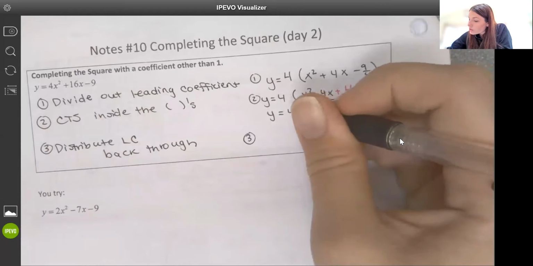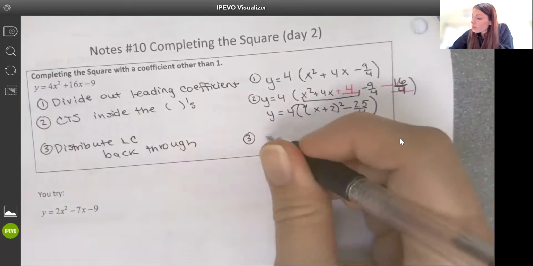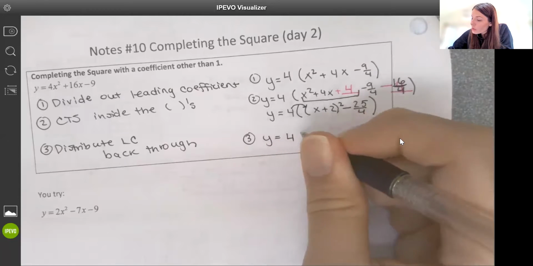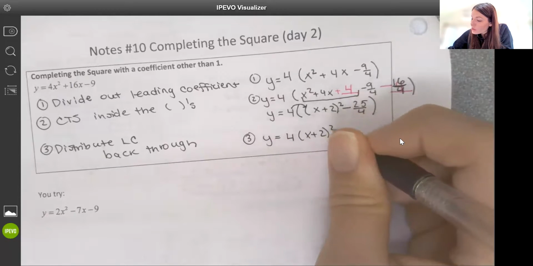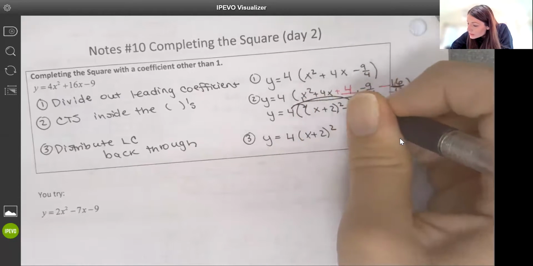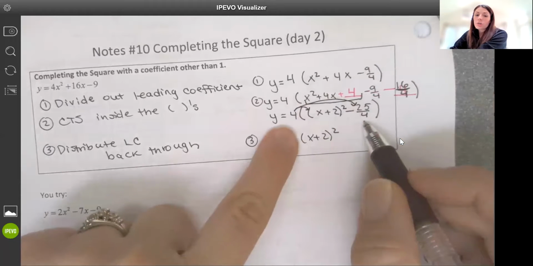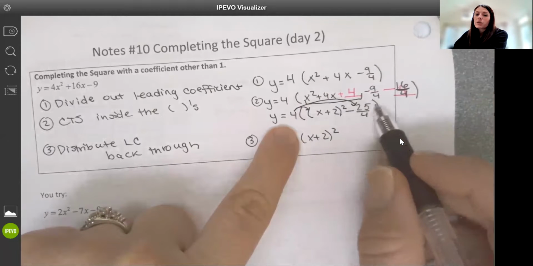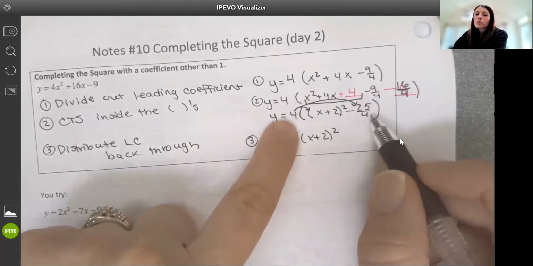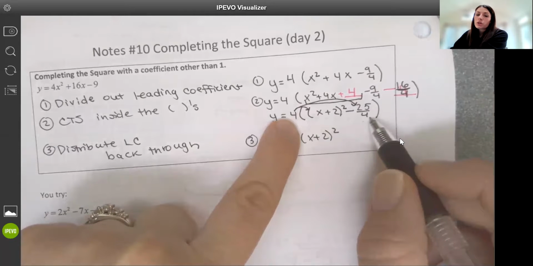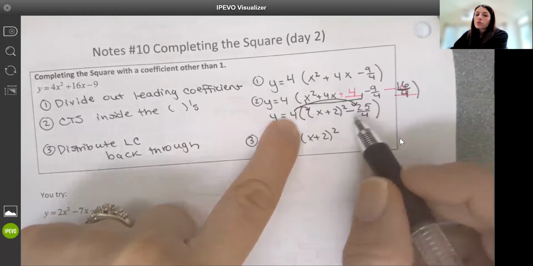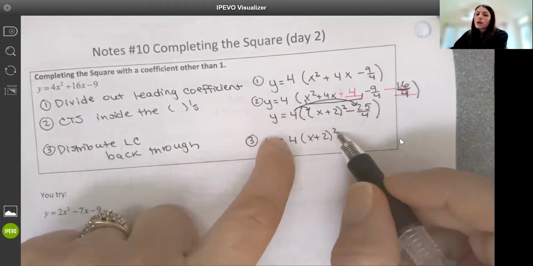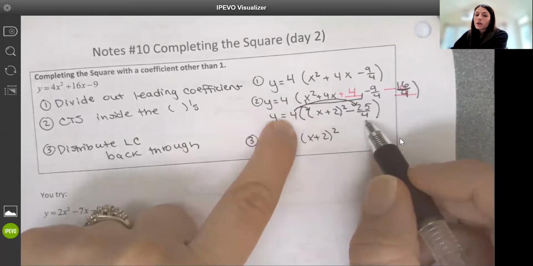I'm going to take this 4 and distribute it. It'll get multiplied by the x plus 2 squared, and it'll get multiplied by this term out back. This is really why it's important: I have to multiply that 4 back through this term in order for it to give me my vertex. So I have 4 times x plus 2 squared and 4 times negative 25/4.